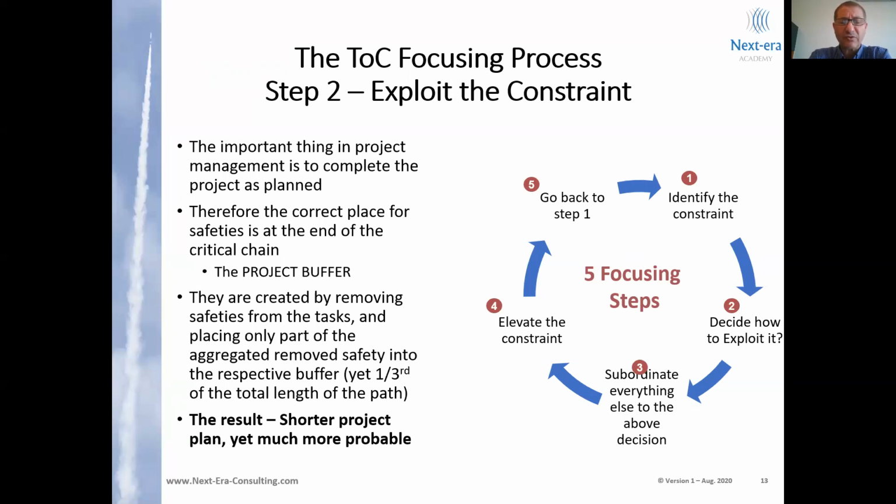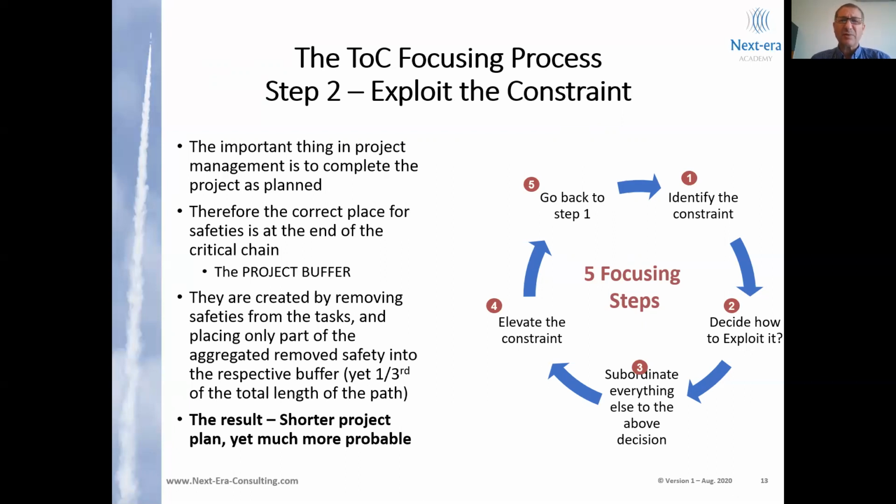So what we need to do is to remove the safeties out of the task and concentrate only part of it at the end of the critical chain, protecting the project completion, or if you would like, protecting any contractual milestone. This buffer placed at the end of the critical chain is called the project buffer, and it has to be 1/3 of the duration of the tasks that feeds into the project buffer.